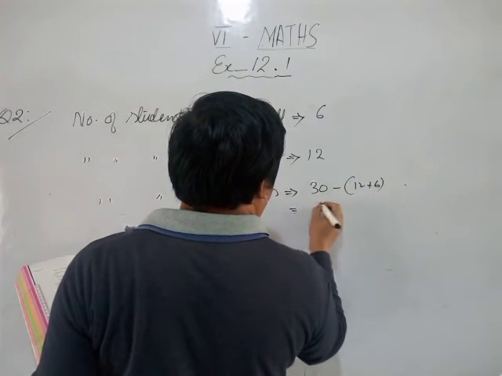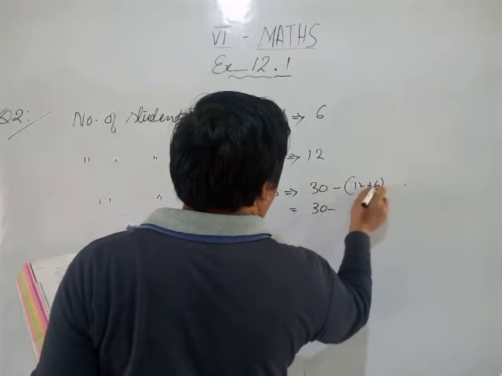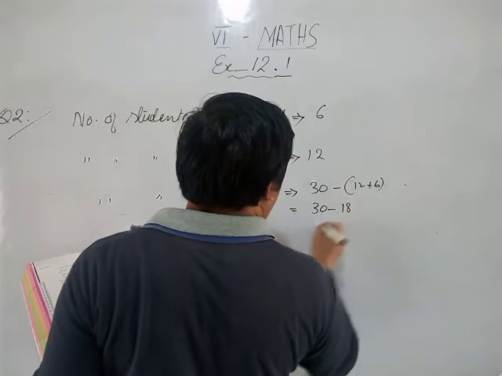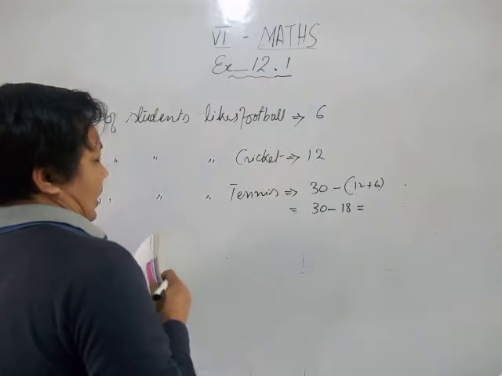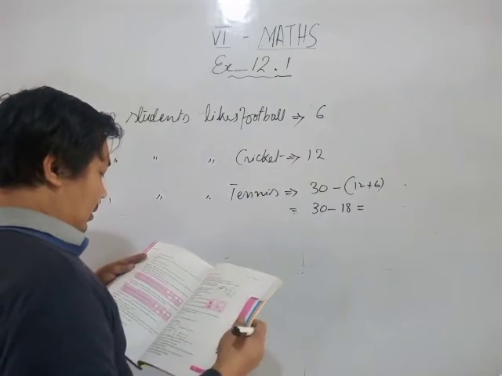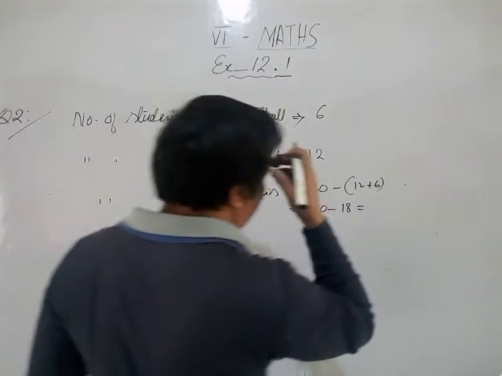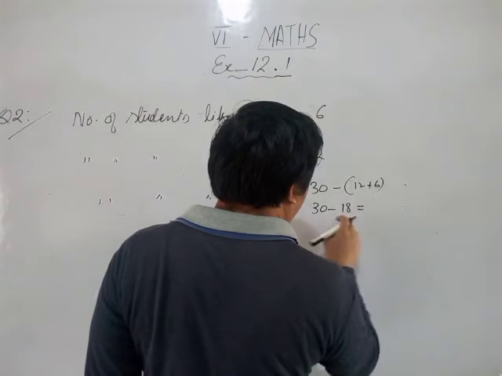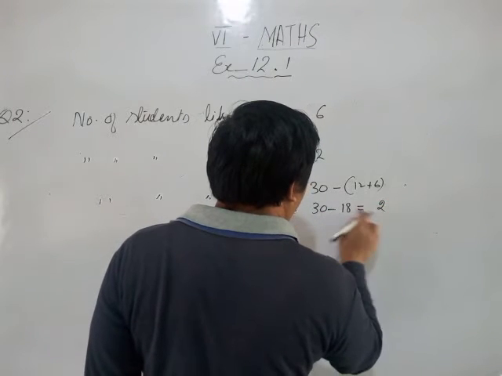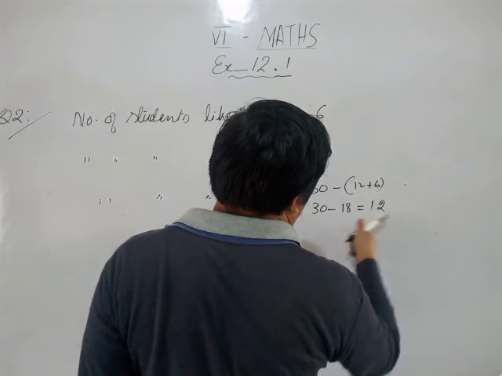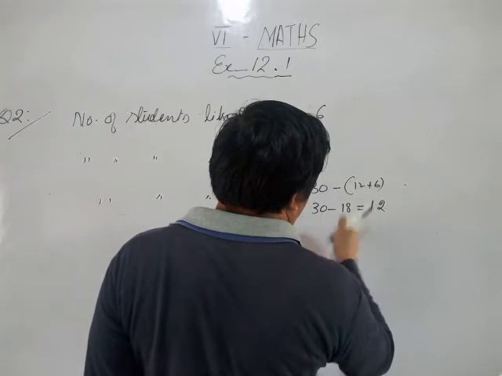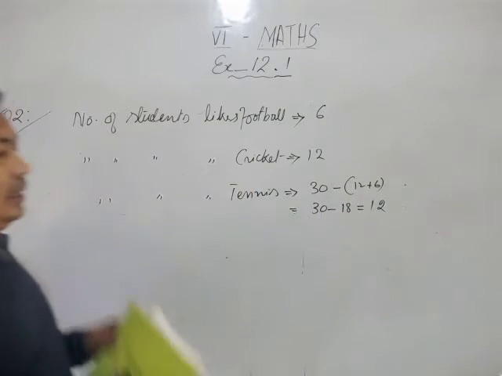That means 30 minus 18, isn't it? So the students who like tennis are 12, isn't it? Yes.